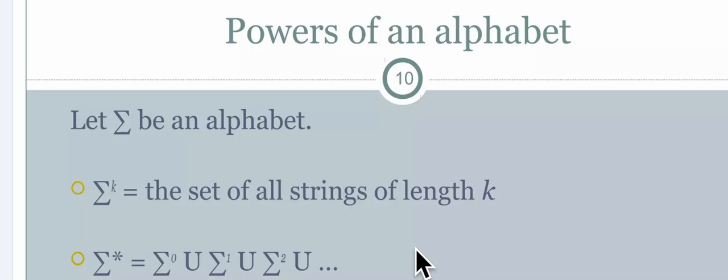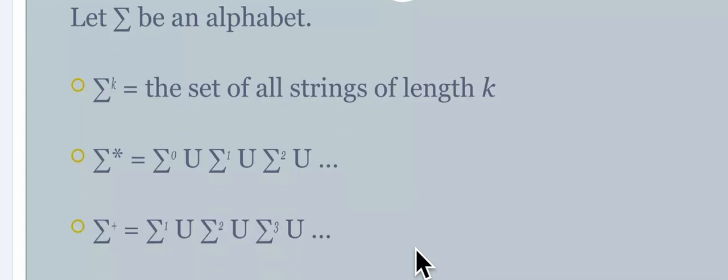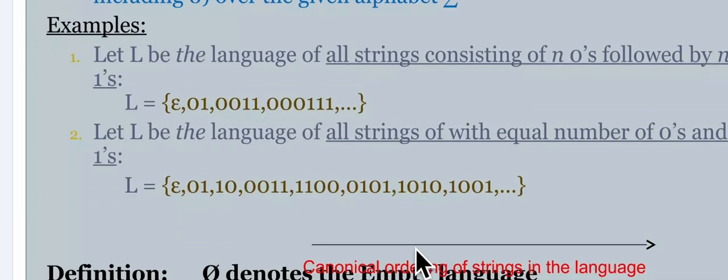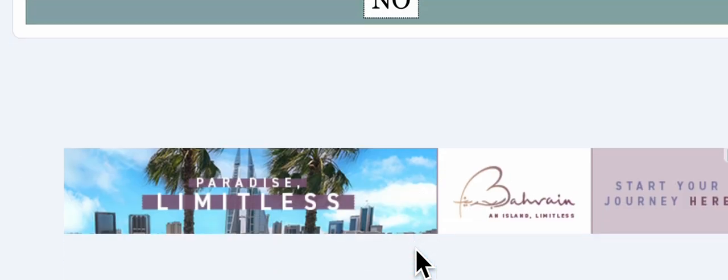Sigma power 0 is the string of length 0, which is epsilon; sigma power 1 is strings of length 1, sigma power 2 is strings of length 2, and so on. Sigma plus means the minimum string length is 1: sigma power 1 union sigma power 2 union sigma power 3 and so on. L is a language over alphabet sigma only if L is a subset of or equal to sigma star. Phi denotes the empty language.